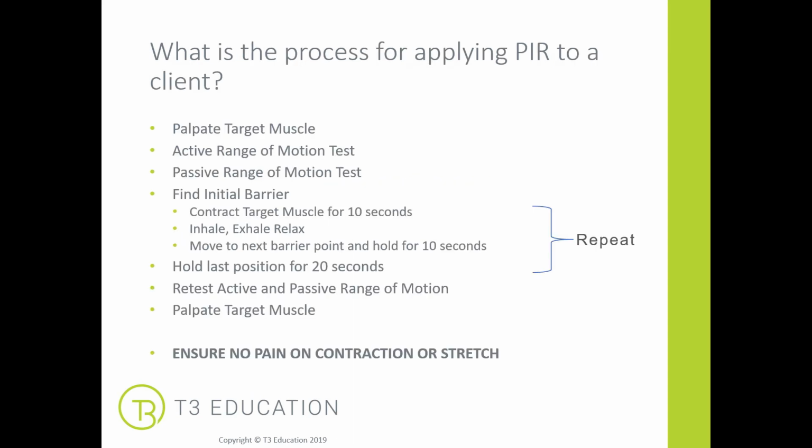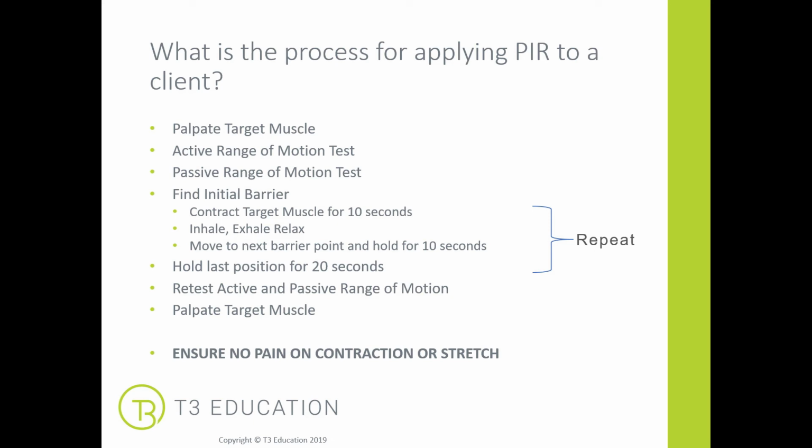So what is the process for applying PIR to a client? Well, as always with all our techniques, let's palpate the target muscle to give us a before and after, and also to give our clients that feedback. We then perform an active range of motion test to see where the client is at and whether or not MET is indicated.